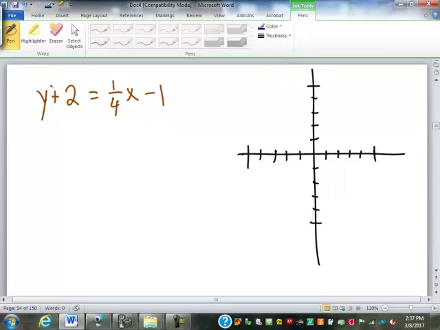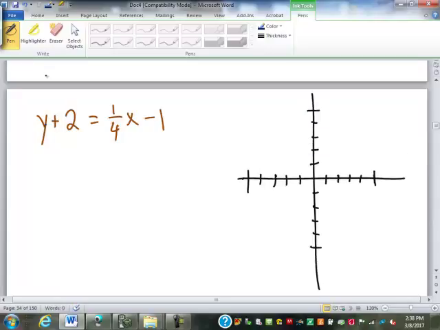We have to get y by itself to graph it. When we're graphing, we need to have y by itself. It's different from when we were solving equations before where we wanted to get x by itself. So here, what's keeping y from being by itself, from being alone? The 2, right? The 2 is added, so how are we going to get rid of it?